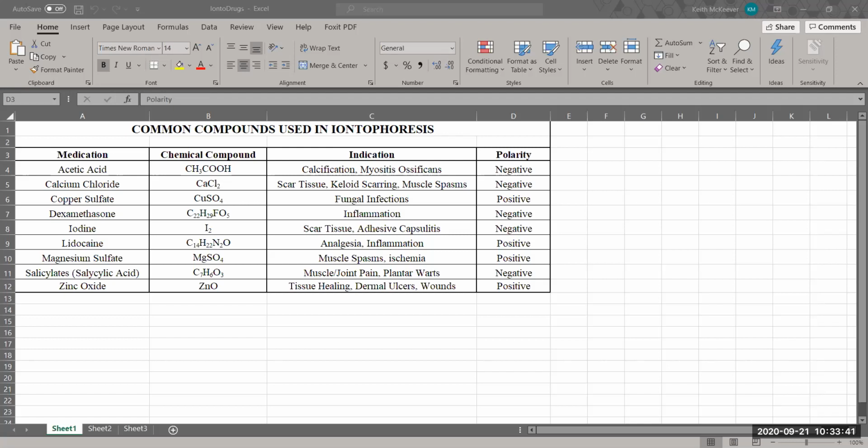Whatever you have, the amperage times the time should pretty much always equal 50, if that makes sense.